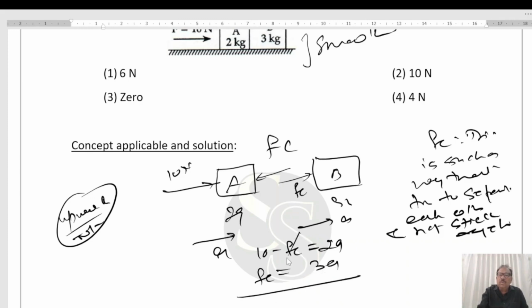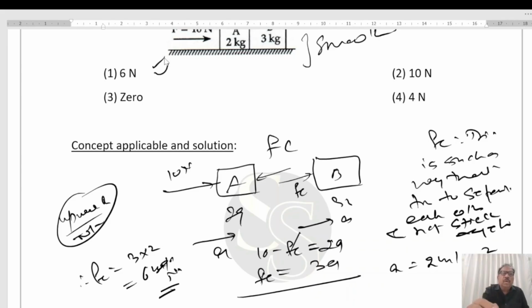If we add these two, A comes out to be 2 meter per second square. Therefore, Fc will be equal to 3 into 2, that is 6 Newton. That comes out to 6 Newton. Option A is the correct answer.